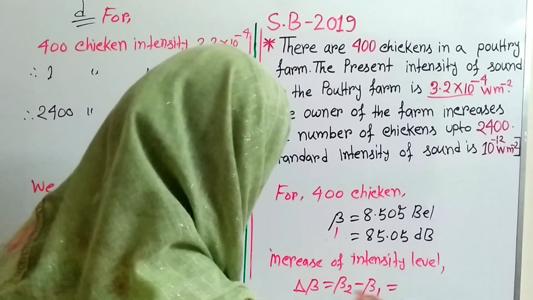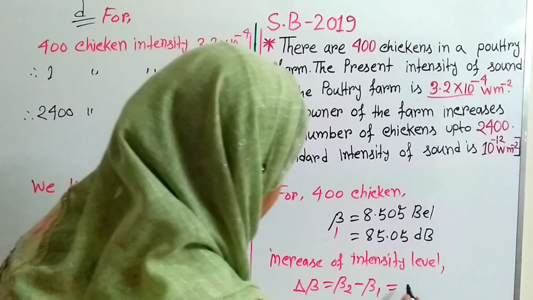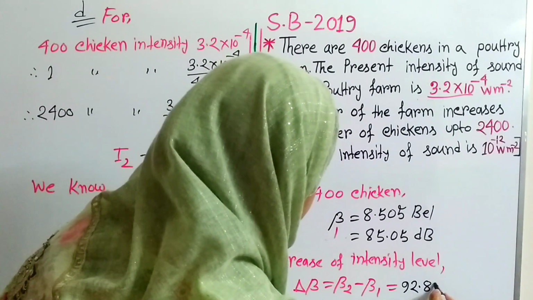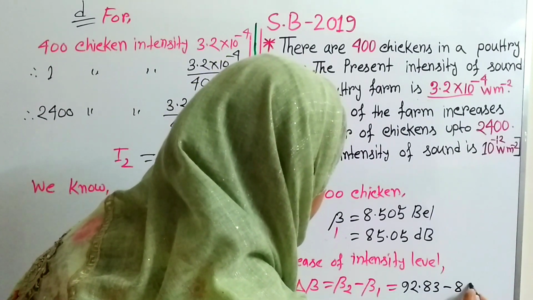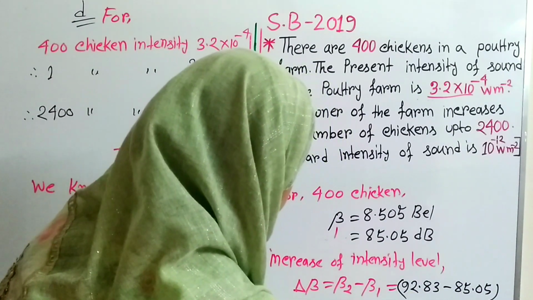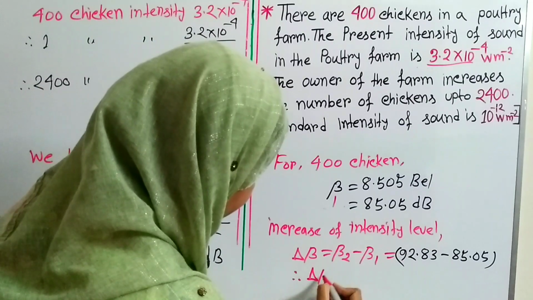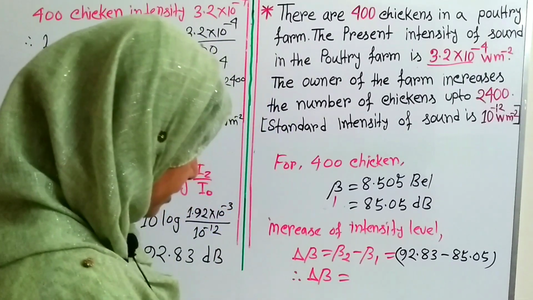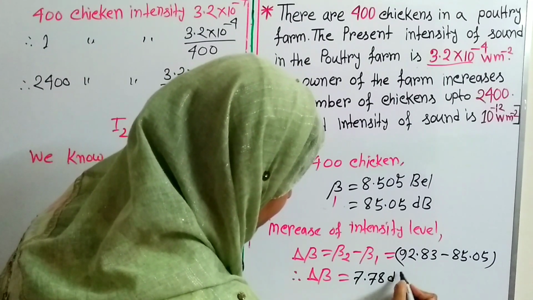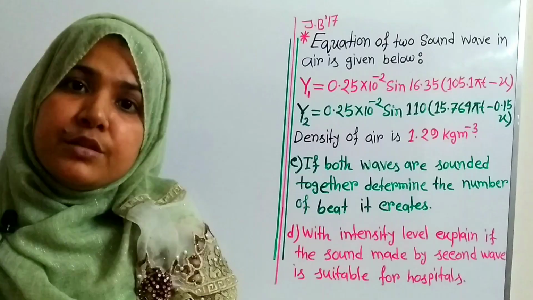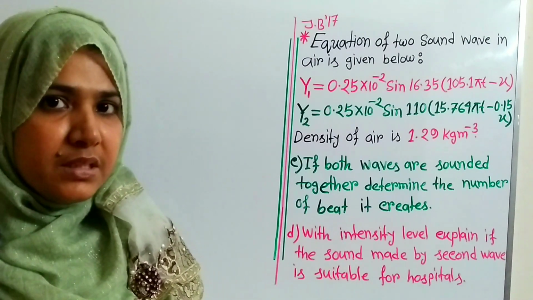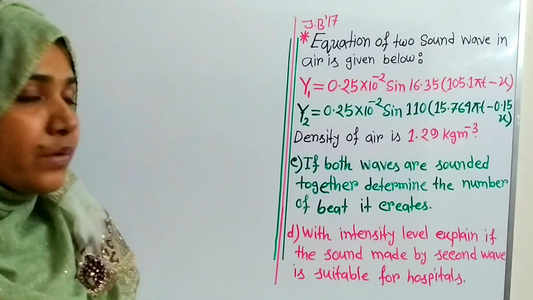The value of beta 2 is 92.83 and beta 1 is 85.05. So you will get the result of del beta is 7.78 decibel.